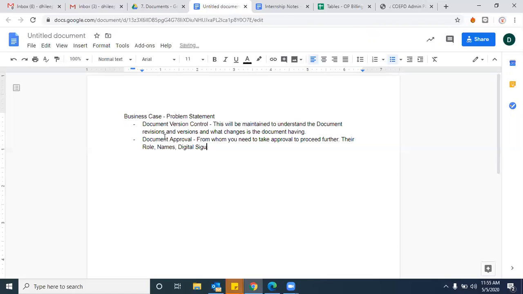Digital signatures and dates, date of approval. We need to maintain them here. Am I clear? Karthik and Ritika, is that clear now?